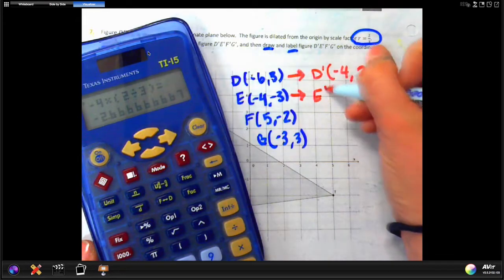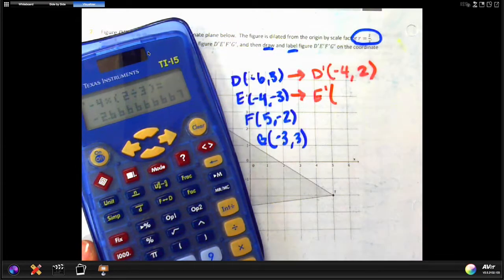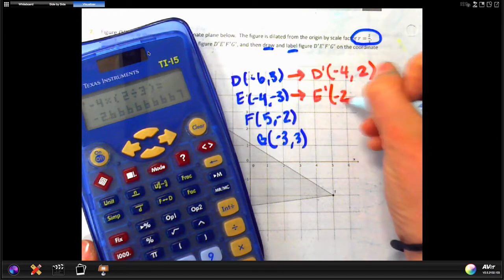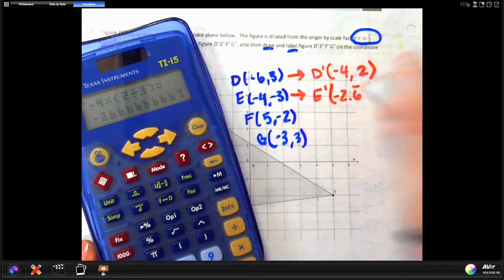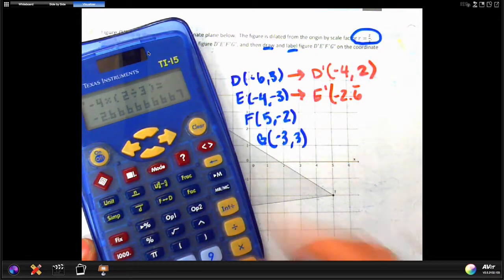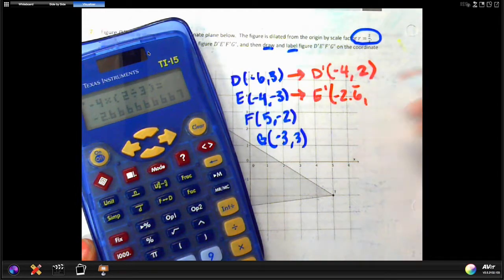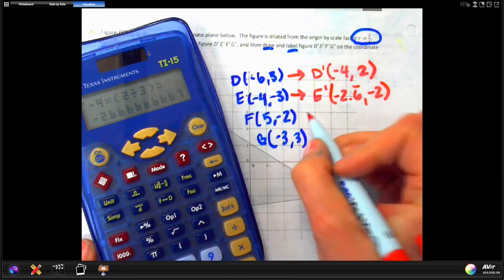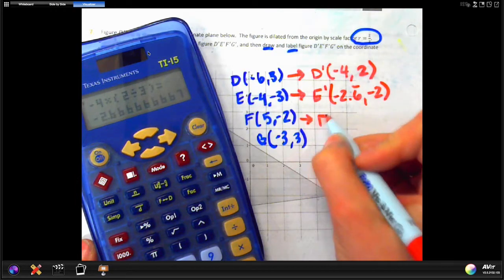Note that these calculators will round at the end. They're just saying that's all the space I've got. We can write that here as negative 2.6 with our repeat sign on it, comma, and negative 3 times 2/3 would give us negative 2. I know I'm not typing that in to save some time here.